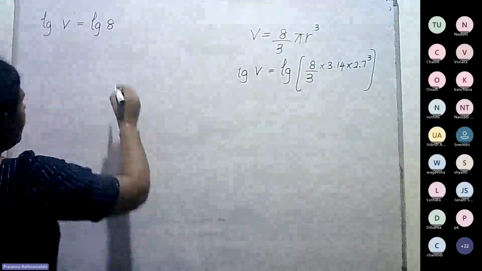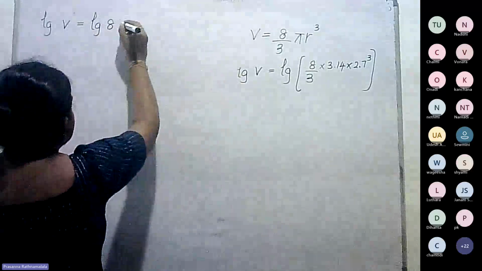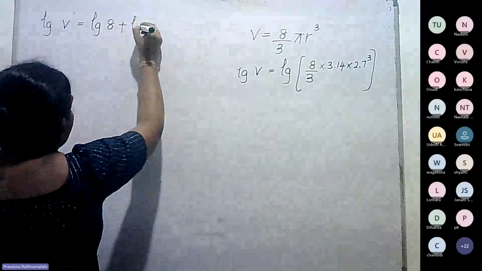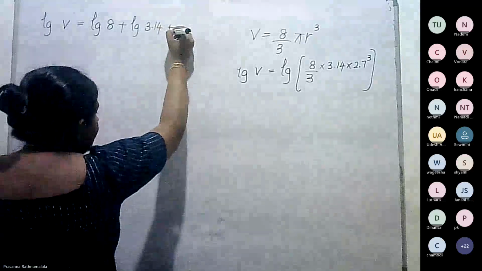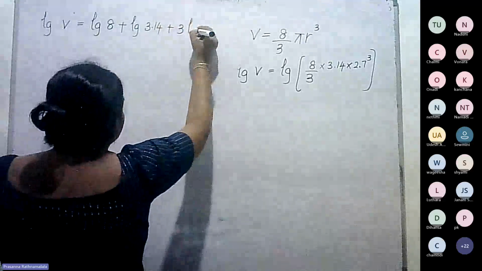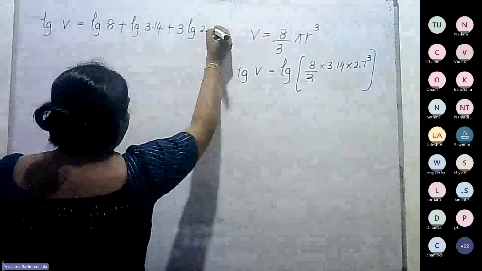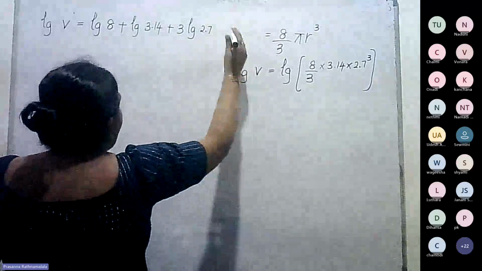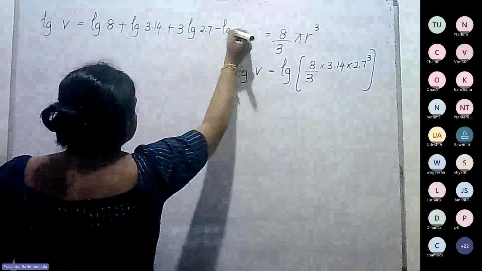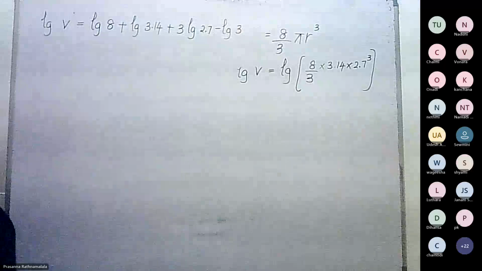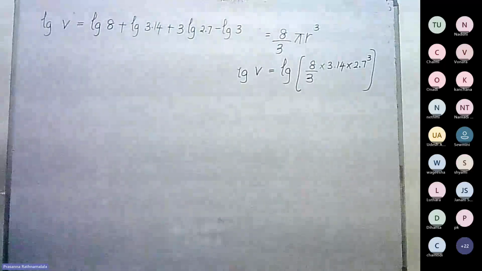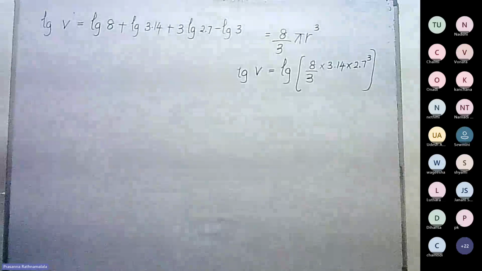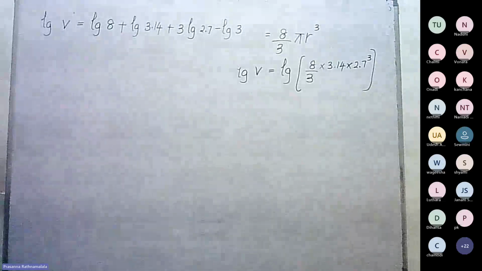Right. Then you write logarithm of 8 plus logarithm of 3.14 plus 3 times logarithm 2.7 minus logarithm of 3. That is the expanded form. Using the laws of the logarithms, you can expand it using the addition and the subtraction.